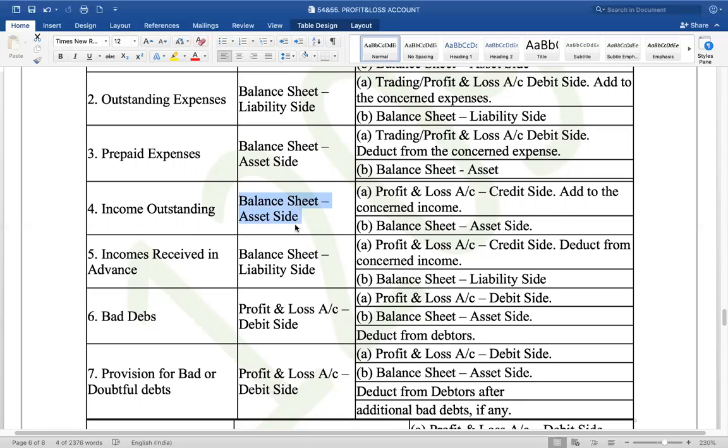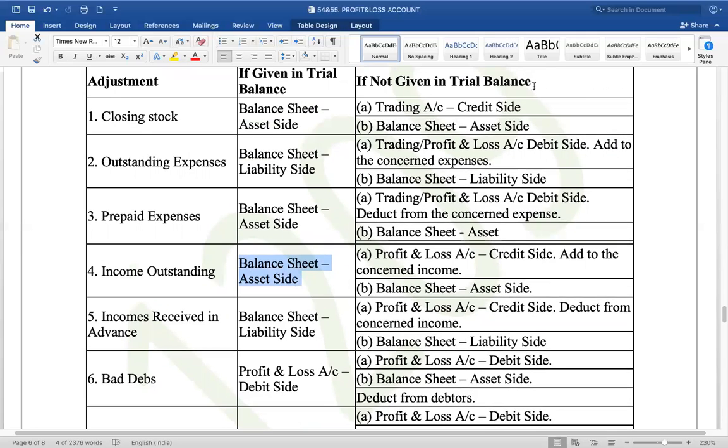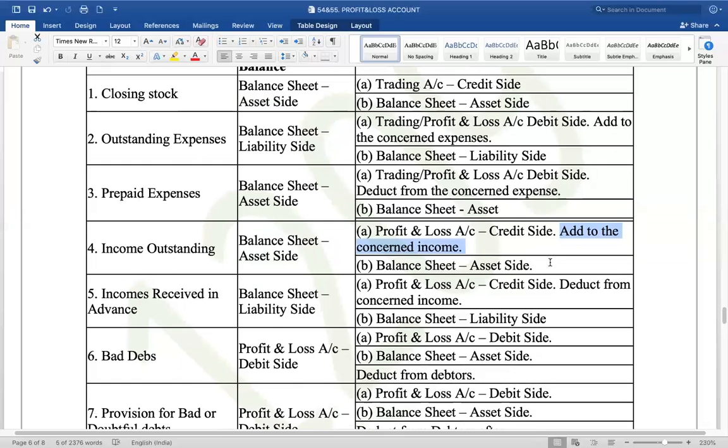But if this income outstanding is not mentioned in the trial balance, then what do you do? You will be adding to the concerned income, outstanding income. Then take on the asset side. Opposite to outstanding income is income received in advance.